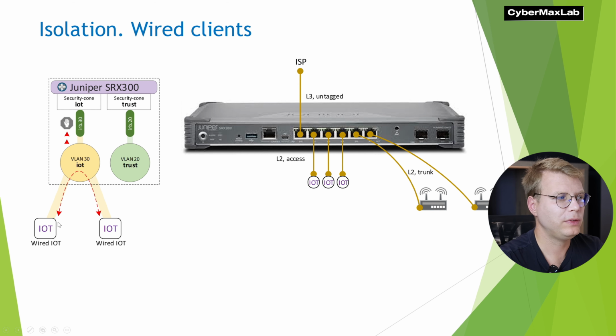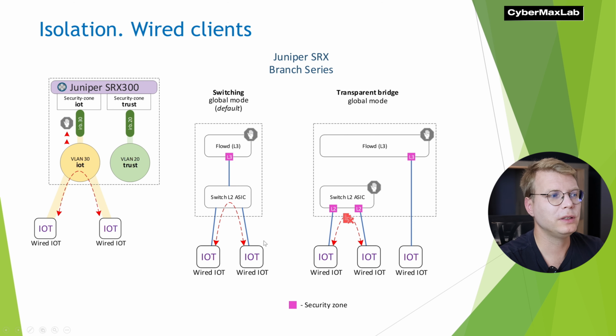You have a diagram on the left side. So a wired IoT device is able to communicate to another wired IoT device in the default mode, which is called switching mode. In this case, even if you have a restrictive rule on your firewall, these devices can still communicate to each other. You may ask why, so let's cover it.